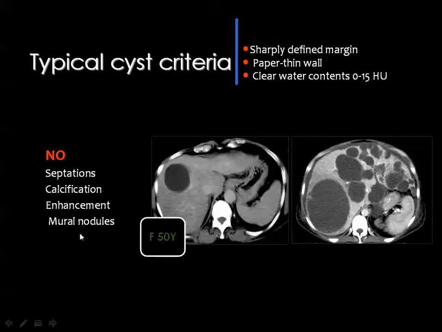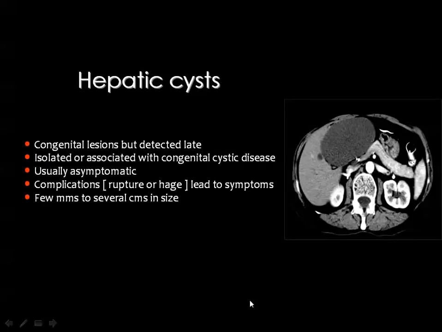And a simple benign cyst may be solitary and may be multiple in cases of polycystic disease. And you see too many focal cystic lesions in the liver of variable sizes, as you can see.